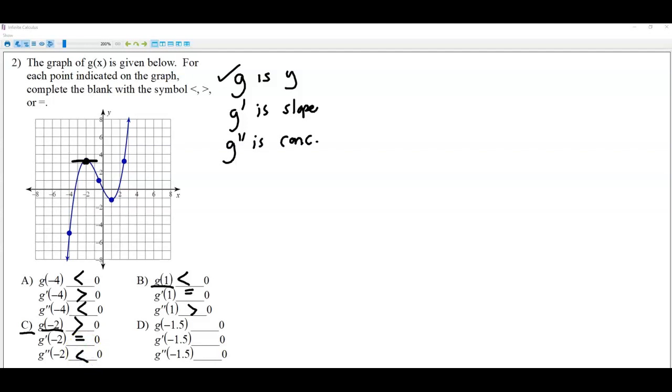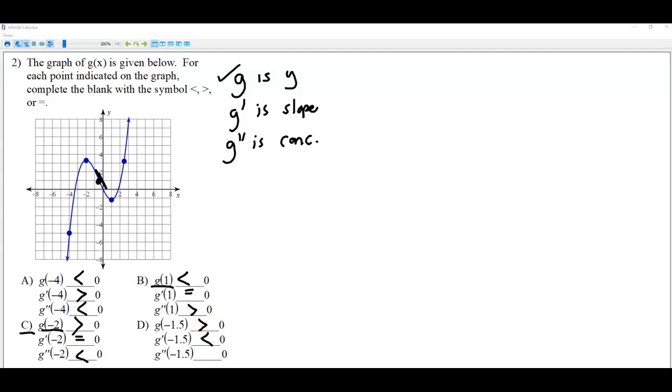And it looks like we have another one here. Negative 1.5. Negative 1.5 is here. As you see, the y value is positive there. The slope, that's a downward going slope there. So I would say g prime is less than 0 since we have a negative slope.